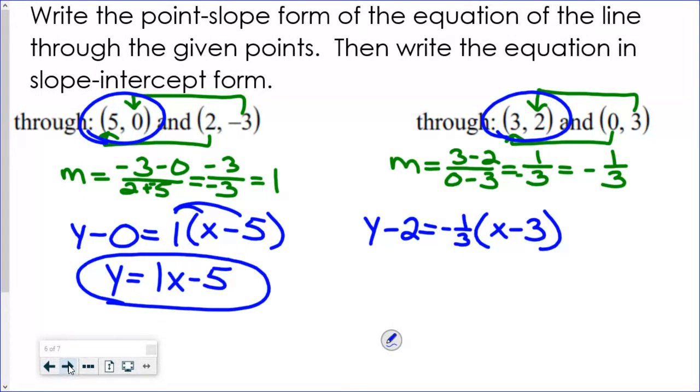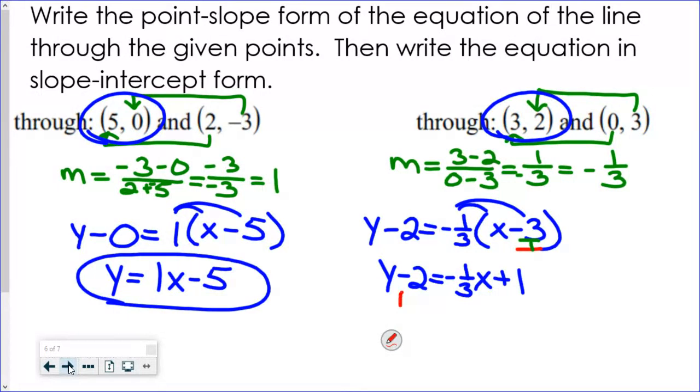I don't have a 0, so nothing goes away. I'm going to distribute. So I get -1/3 x, and a -1/3 times a -3 is a +1. Make sure you know how to do that in your calculator. Think about it as -3 over 1.